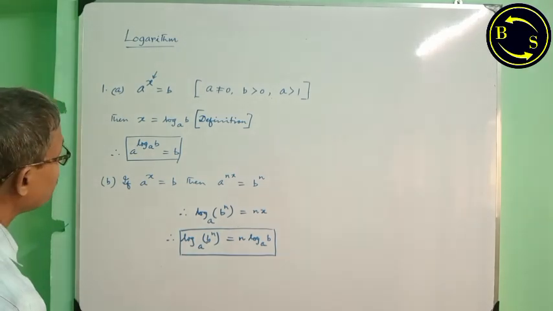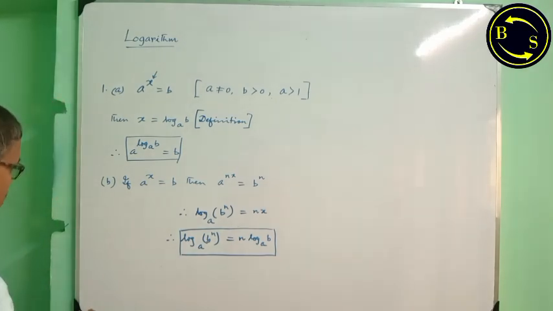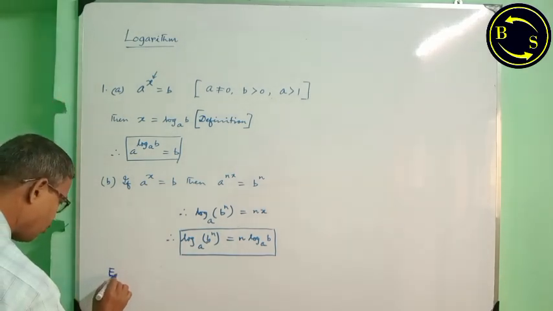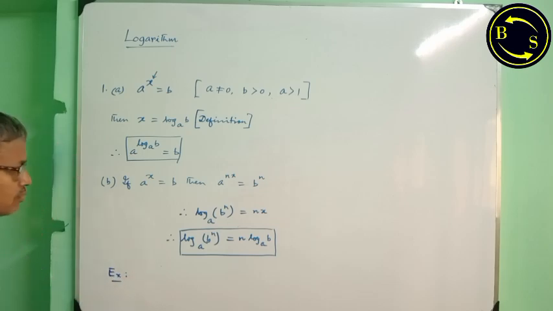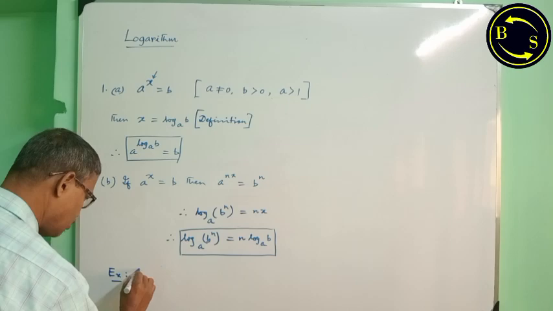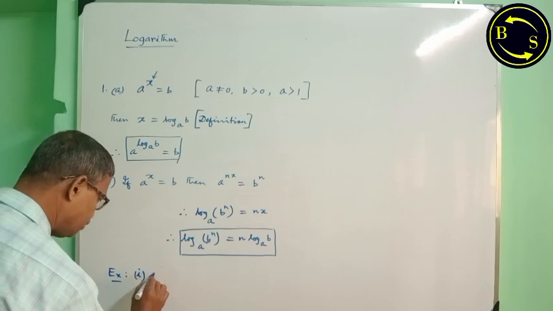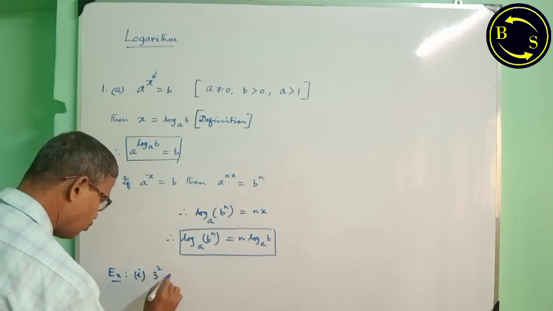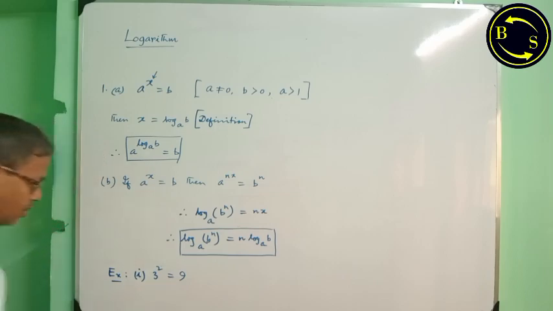Now we can use this definition. Take a few examples. Three square is equal to 9.